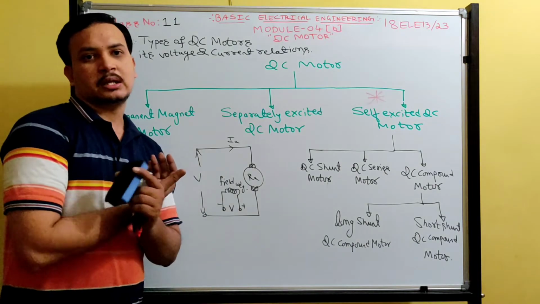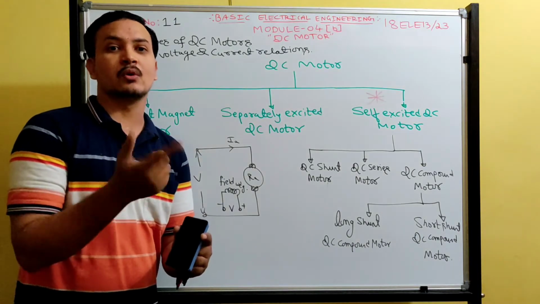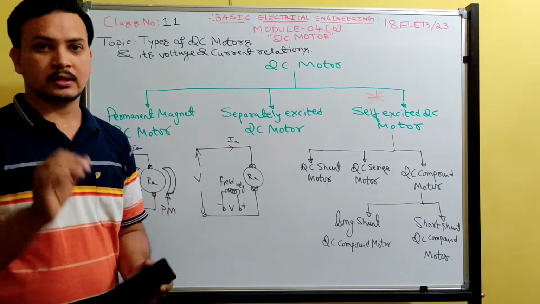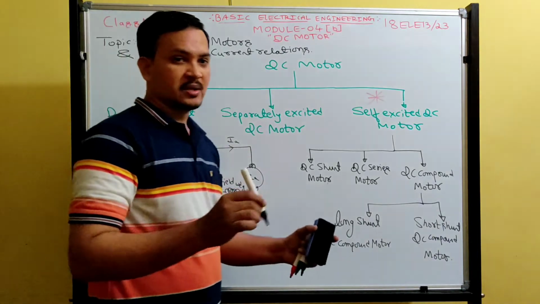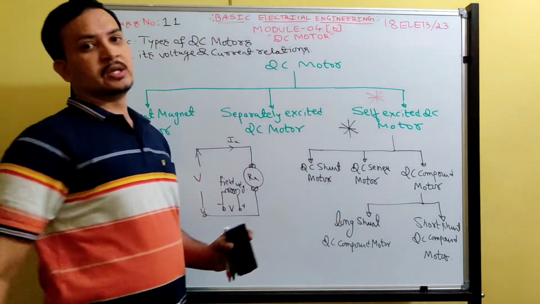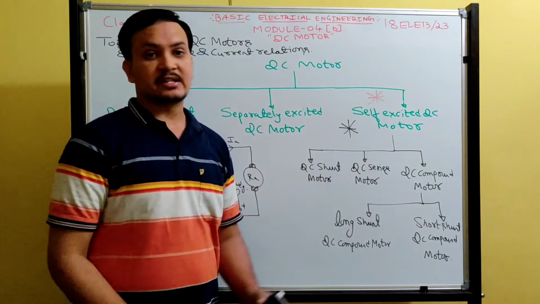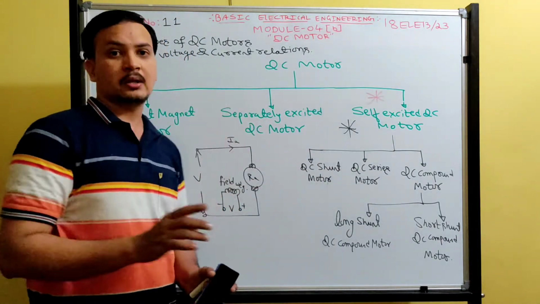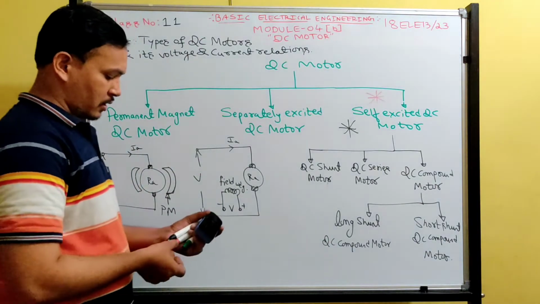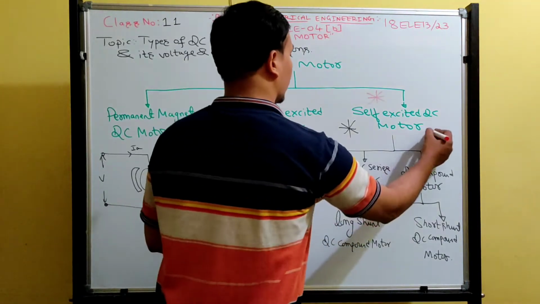Time is required to remember the voltage and current relation of a certain type of motor. They will ask problems on DC motors only on self-excited DC motors. Only on that topic they will ask problems. Okay, got it? So we can concentrate on this topic in detail.